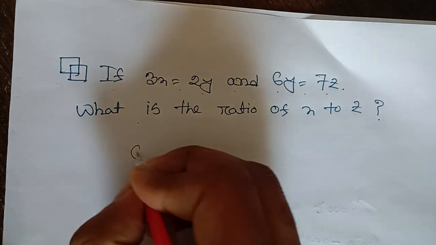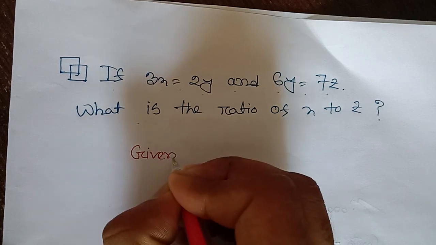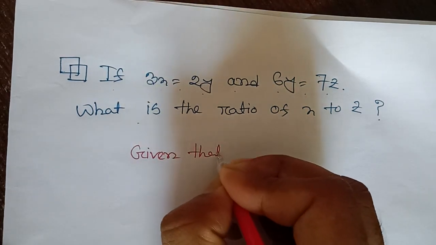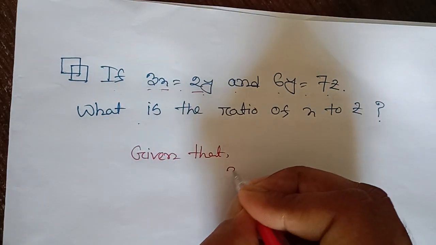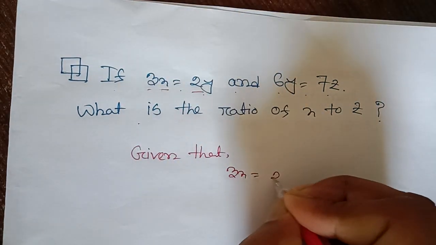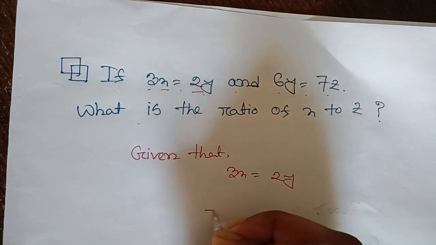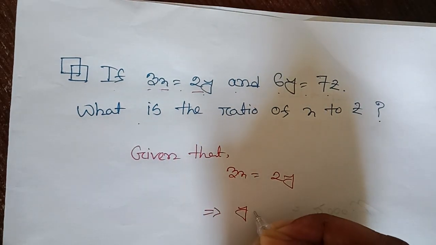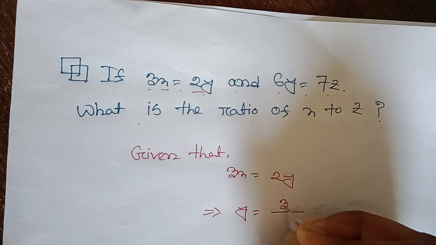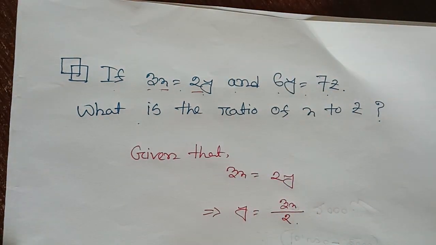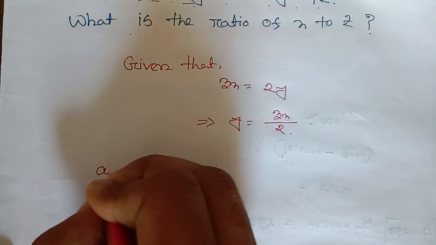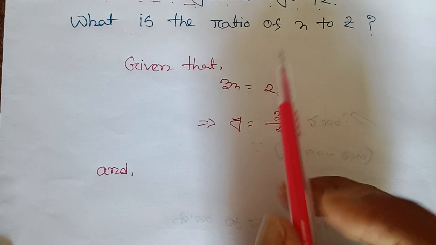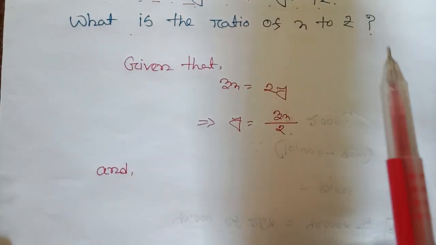Given that 3x is equal to 2y, or y is equal to 3x over 2, and 6y is equal to 7z.